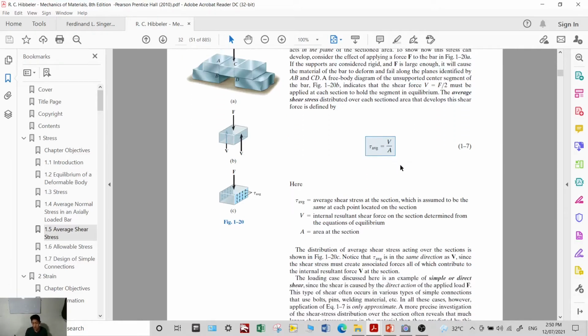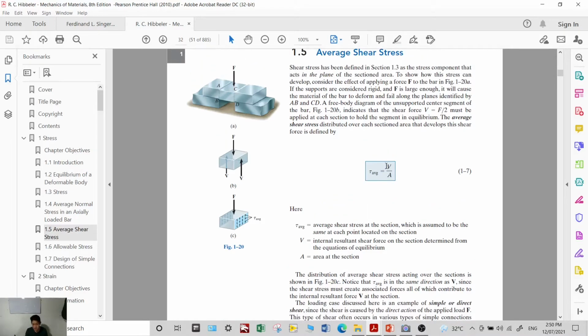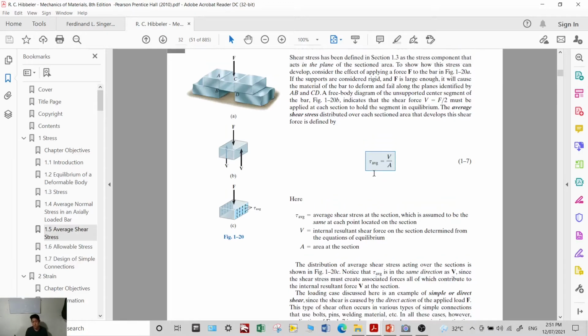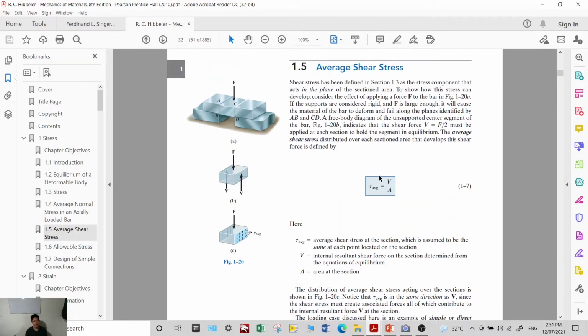Again, the equation is V, the reaction force, V over A, or force over area. So the equations for normal stress and shear stress are the same form.